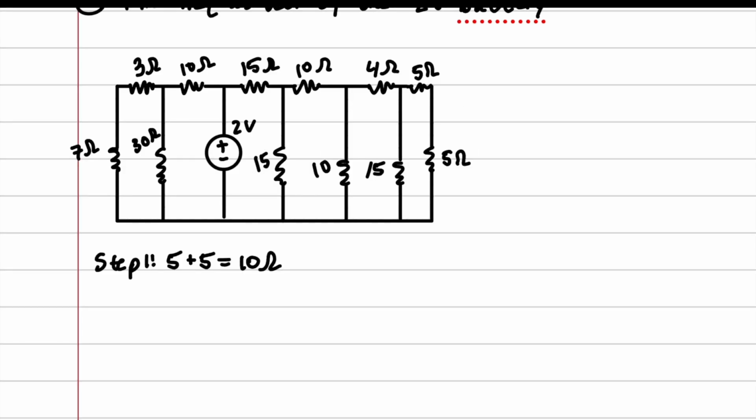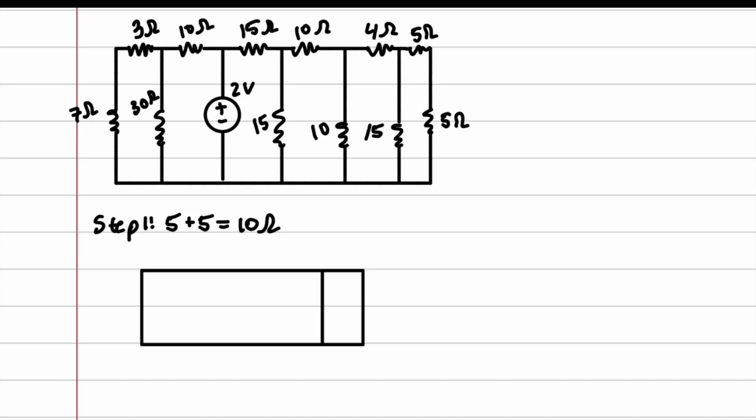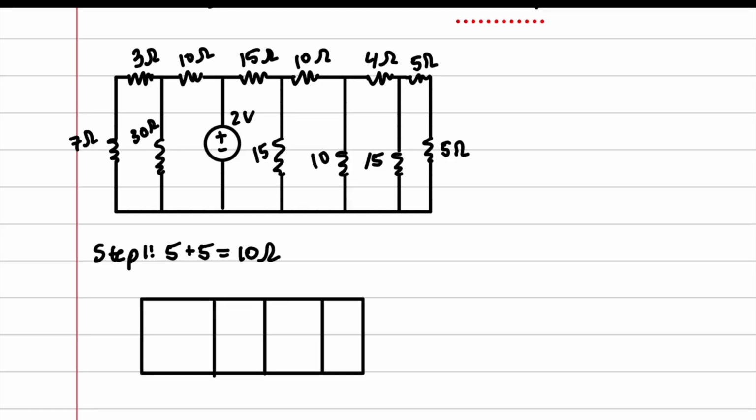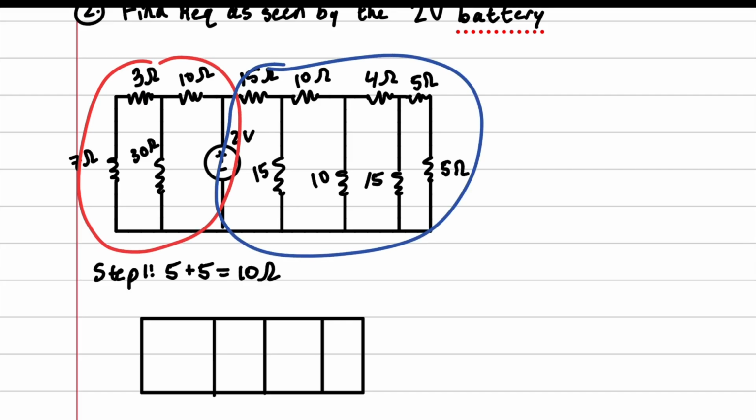And I think what I'm going to do is, instead of drawing the entire circuit, I'm only going to draw the right and left portions solved individually, because you'll see that these two sides can be treated as independent, and then from there they will be parallel to each other once we've simplified them all completely down.